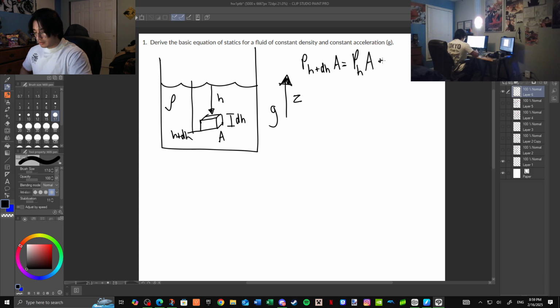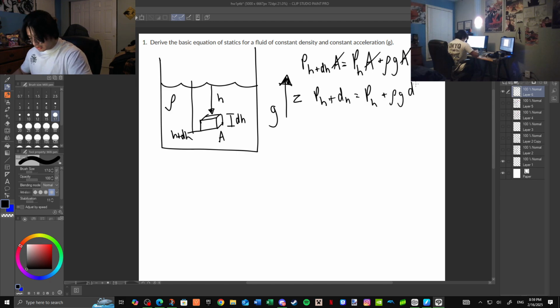We also need to account for the weight, and that would be the density of the fluid times gravity, times the area of the figure, times the height of the figure. So we can cancel out some A's and simplify this a little bit more. p of h plus dh is equal to p of h plus rho g dh.